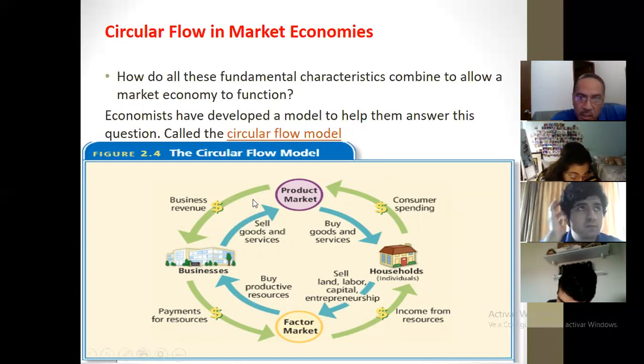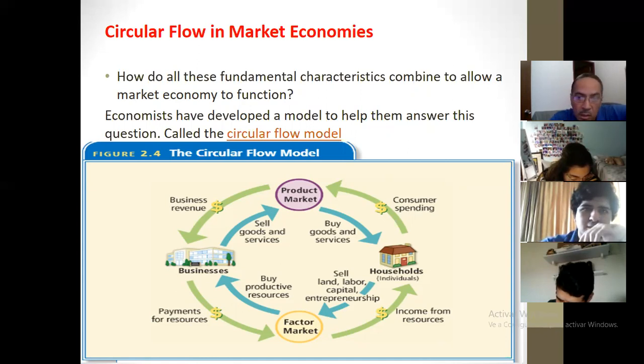This is a model that economists prepare. So in this model, there are 4 items or 4 elements that are involved in this circular flow.